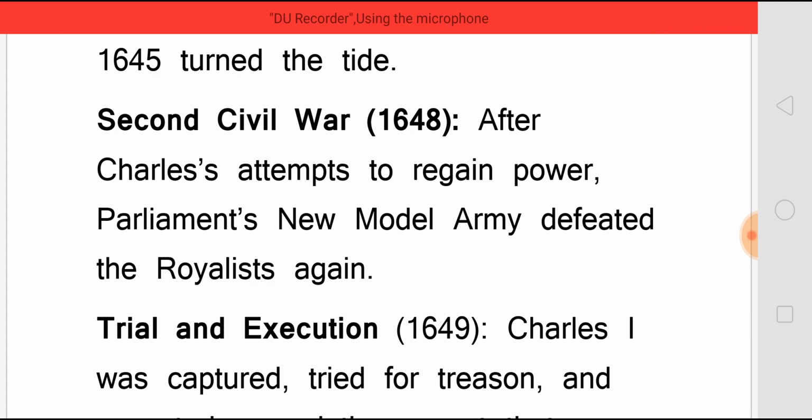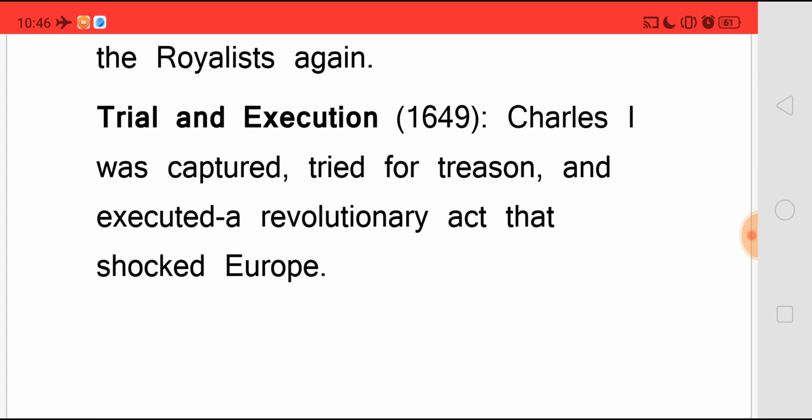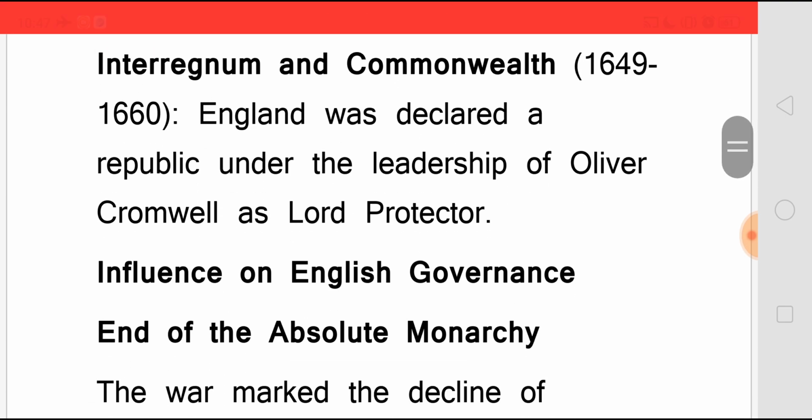Parliament's New Model Army defeated the Royalists again. And then came the trial and the execution. In 1649, Charles I was captured, tried for treason, and executed, which was a revolutionary act that shocked the whole of Europe. Interregnum and Commonwealth: this was from 1649 to 1660. England was declared a republic under the leadership of Oliver Cromwell as Lord Protector.